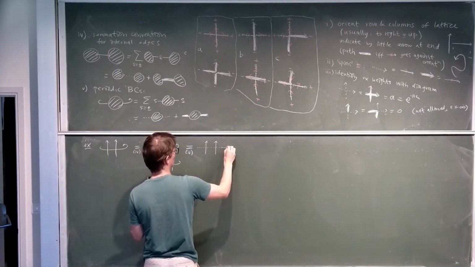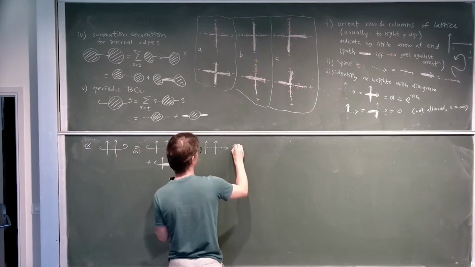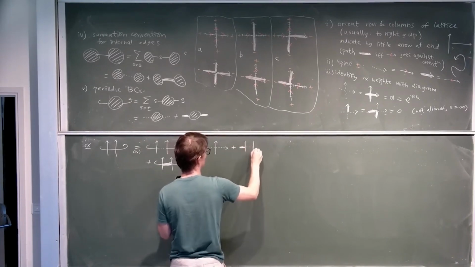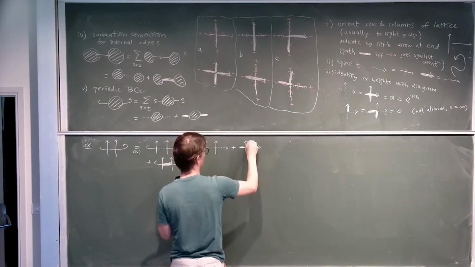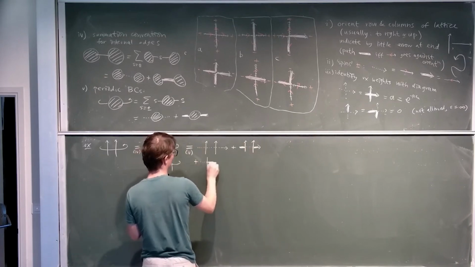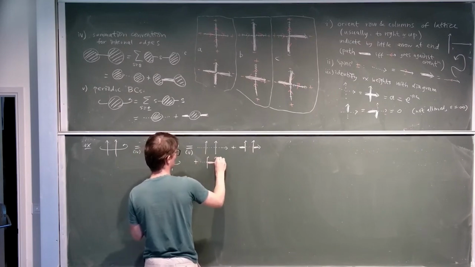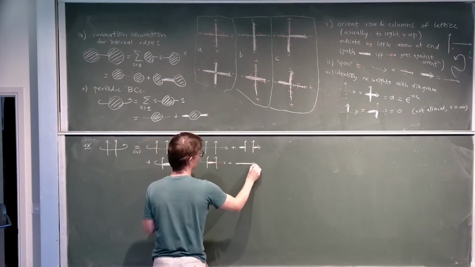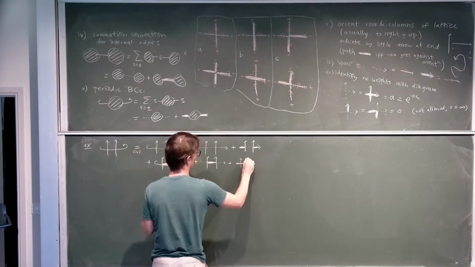So the top one looks like this, or it looks like this. And then the bottom one can likewise be expanded either like this, or with a solid line going horizontally and thin line.